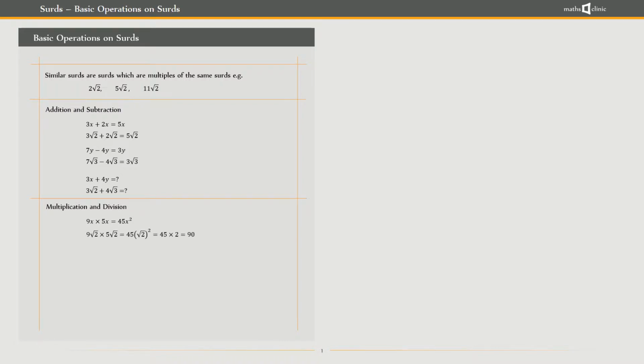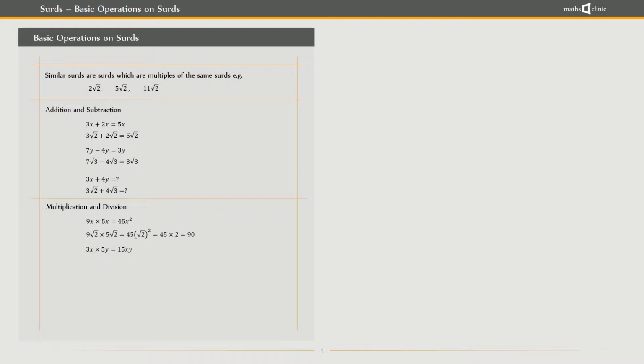Similarly, if you have 9 root 2 multiplying 5 root 2, you multiply the 9 and the 5, it gives you 45. You multiply the root 2 and the root 2, and it gives you root 2 squared, and root 2 squared is 2. So that gives you 45 times 2, which gives a final answer of 90.